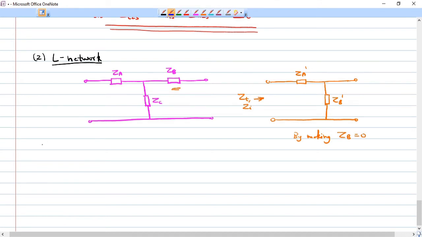We know the general expression for a T network. The iterative impedance ZT2 is equal to half of ZA minus ZB plus root of ZA minus ZB the whole square plus 4 sigma ZA ZB.